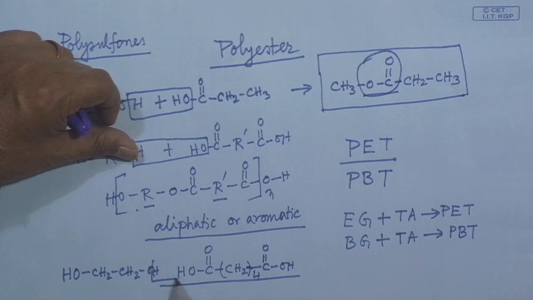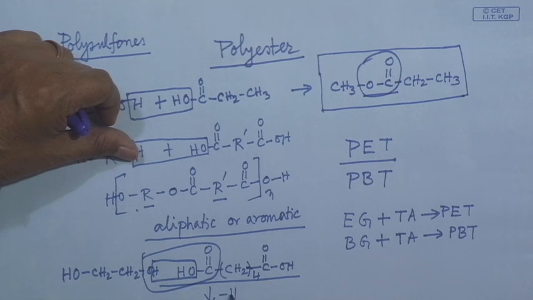So, it will form a polyester having this ester linkage COO. This H2O will go out as minus H2O, and we will get a polymer.